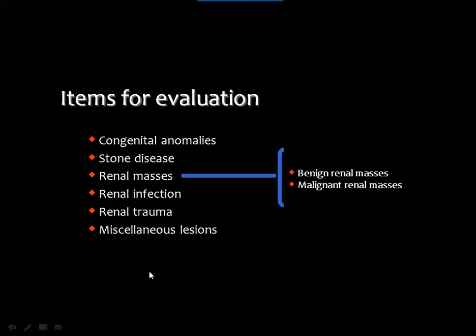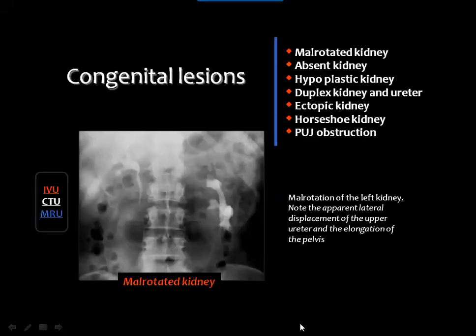Then these are the items to be evaluated for renal imaging. Number 1, the congenital anomalies, the stone disease, renal masses, renal infection, renal trauma, and some miscellaneous conditions. Starting with the congenital lesions, they are a lot, and they include kidney malrotation, absence of the kidney, hypoplastic kidney, and the duplicated pelvicalyceal system or ureter, ectopic kidney, horseshoe kidney, and pelviureteric junction obstruction.